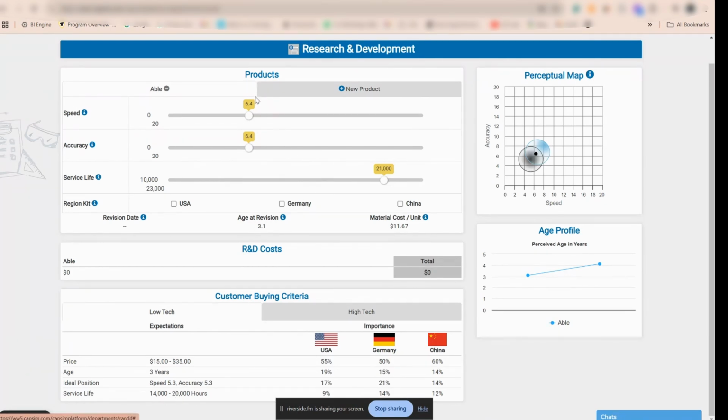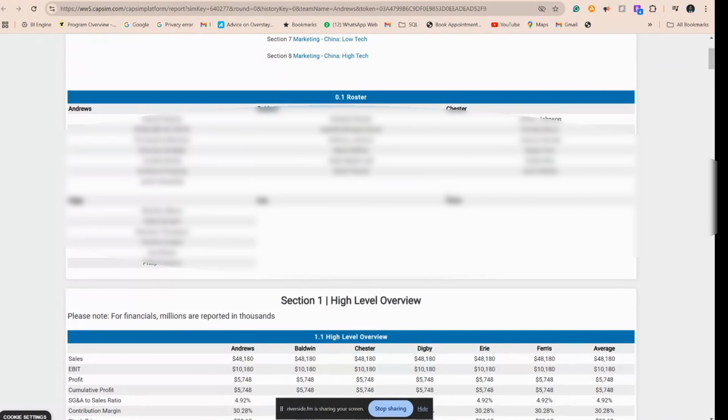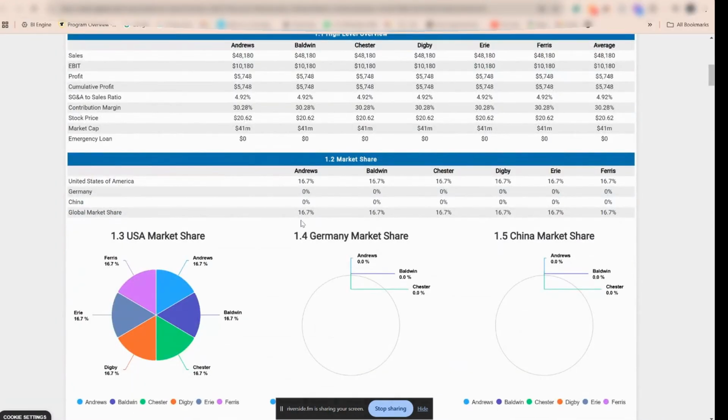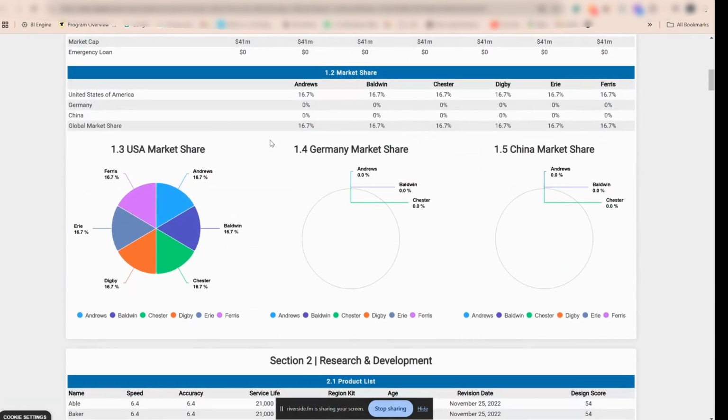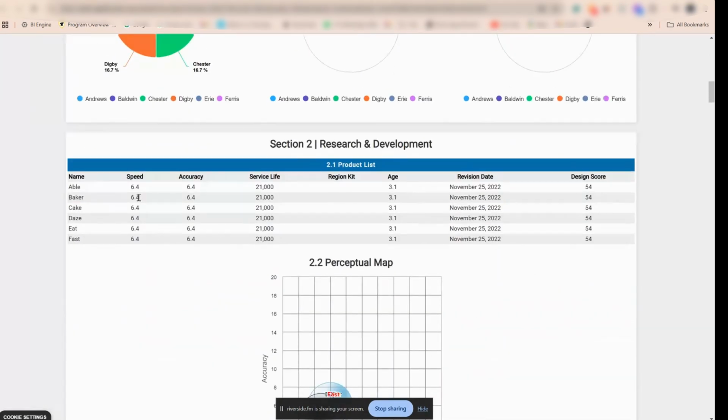If you follow closely, you realize that the report for round 0 comes with equal sales, like I mentioned in the introductory video. But at this time in the research and development, the speed, the accuracy, and the age are all equal at this point: 6.4, 6.2, 21,000, right?